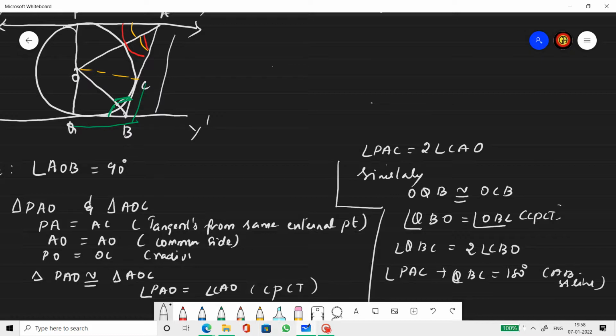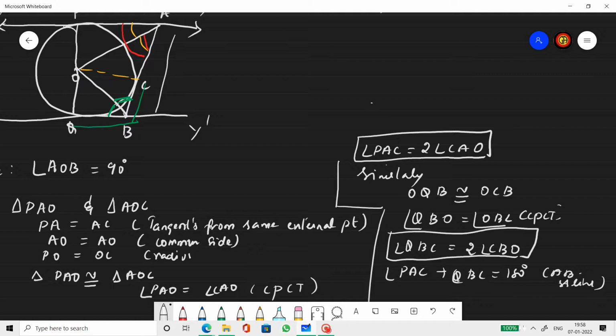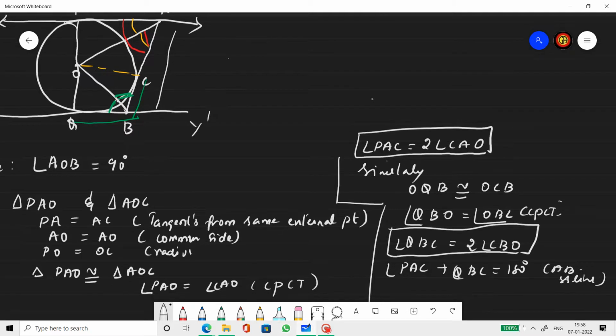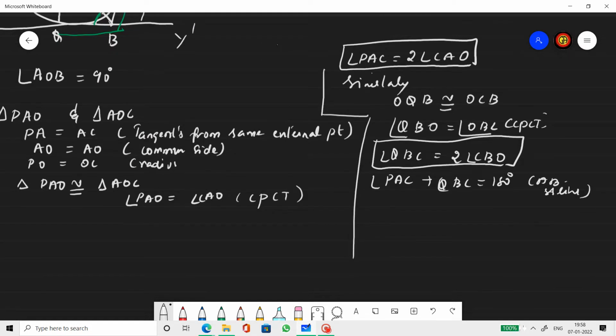And previously we proved that PAC is 2 times CAO. Similarly, QBC is 2 times CBO. Let us substitute that. So 2 times CAO plus 2 times CBO equals 180 degrees. So that means angle CAO plus angle CBO equals 90 degrees.